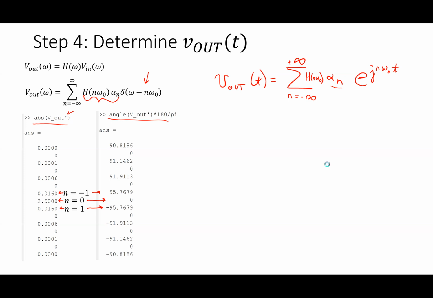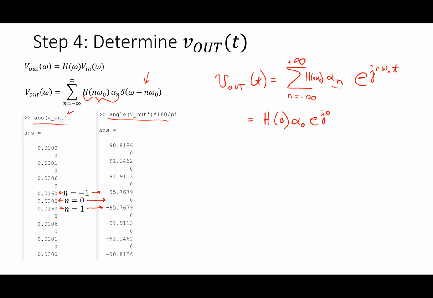So if I expand this coefficient by coefficient, and I plug in n equals 0 into this expression, what would I get? I would get H of 0 times alpha 0 times e to the j 0.